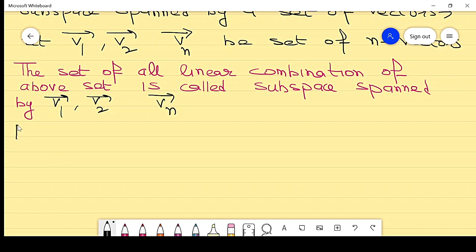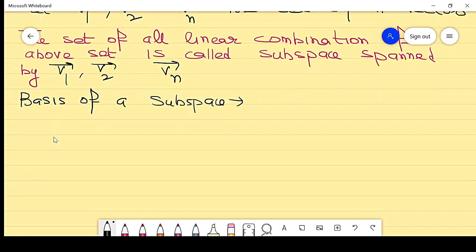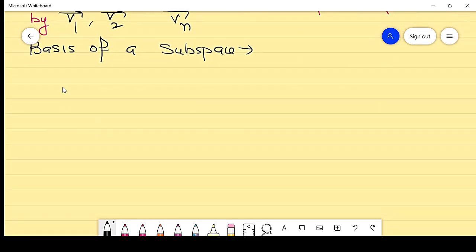Now next, basis of a subspace. So remember this definition. Basis of a subspace: if any set of this subspace is linear independent.